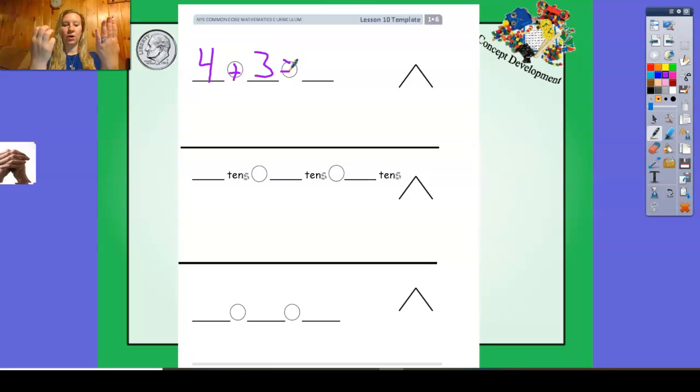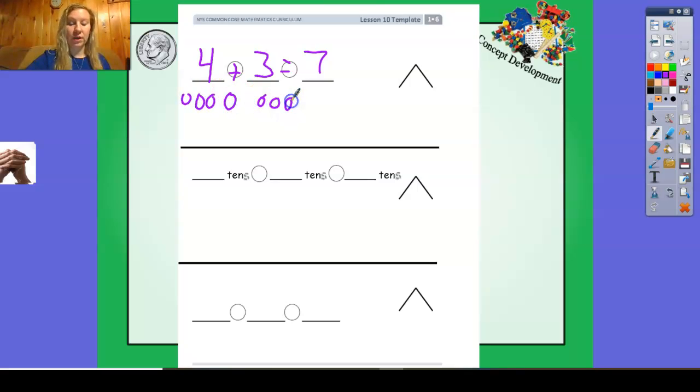So 4 plus 3 make 7. That's one way we can do it. We can also draw our dots on here. 1, 2, 3, 4 plus 1, 2, 3, and we can count them up and we can see that there are 7 dots. We can also put it in our number bond over here. We could do our two parts, our 4 and our 3, and that makes our total of 7.